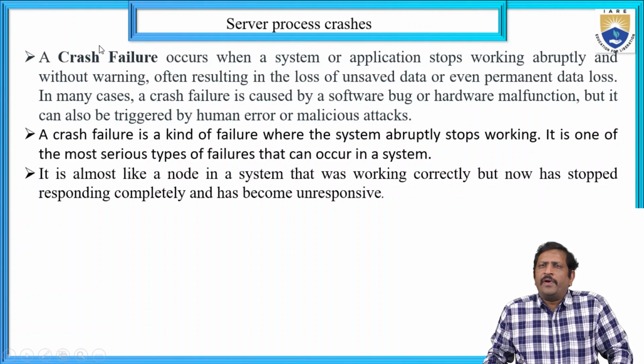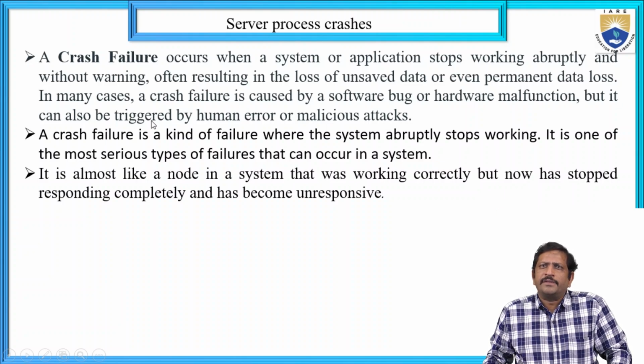A crash failure in a server generally occurs when a system or an application stops working and aborts without warning, often resulting in the loss of unsaved data or even permanent data loss.